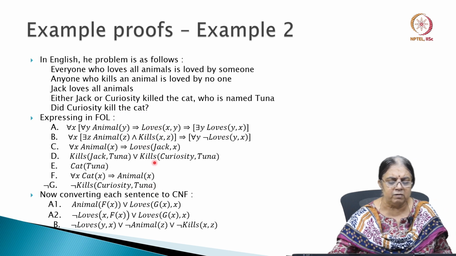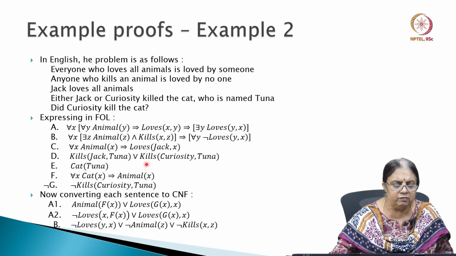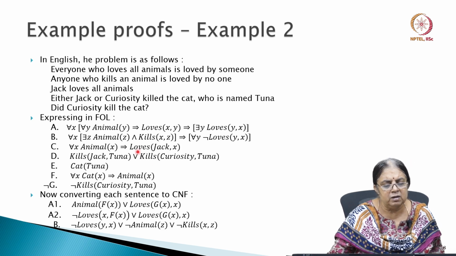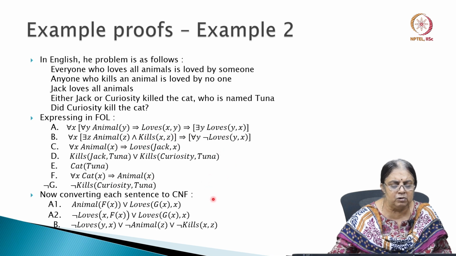Then we need to convert each sentence to conjunctive normal form. So the first sentence, you need to eliminate the implication signs over here, and the second one also you have to remove the implication signs. All the rules you need to replace the implication signs and bring it down to the smallest form.